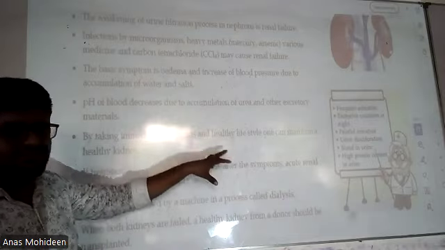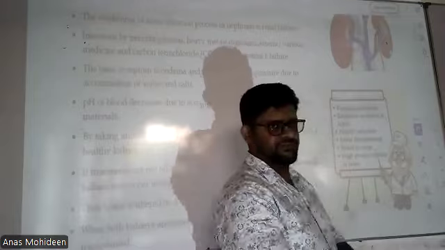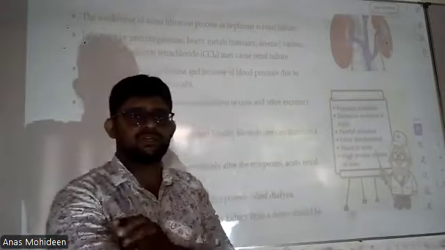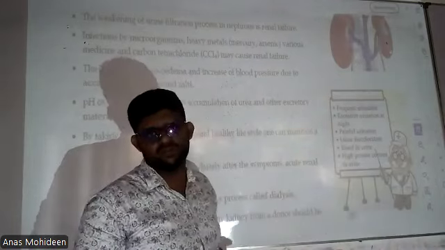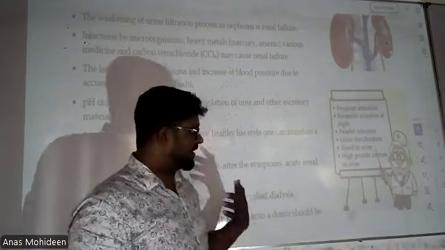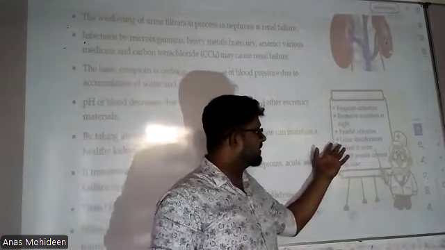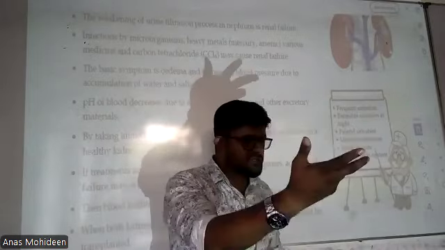So this is about renal failure, and during this, there are symptoms. What are the symptoms? Excess urination, and frequent urination during night time. Painful urination, blood in urine, proteins in urine, and urine discoloration. The color changes and seems to be red. That's also because of this.